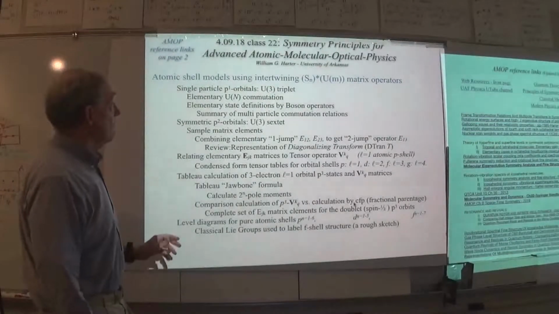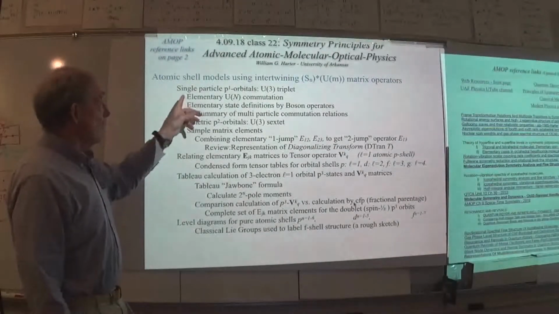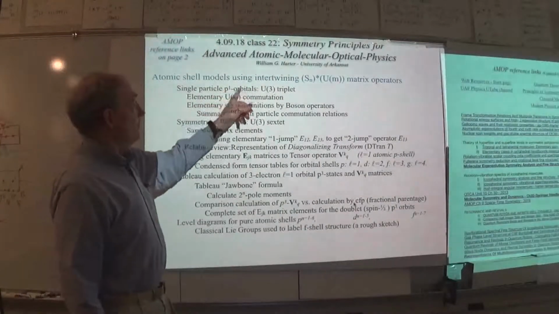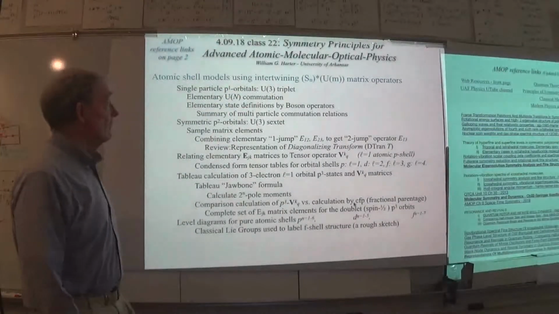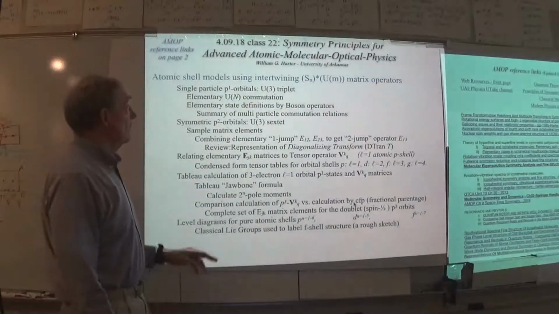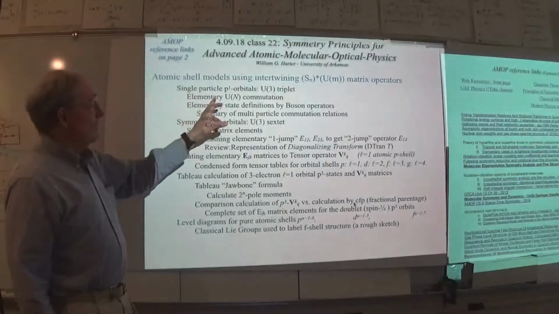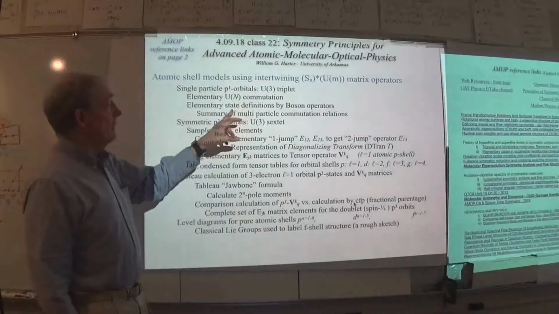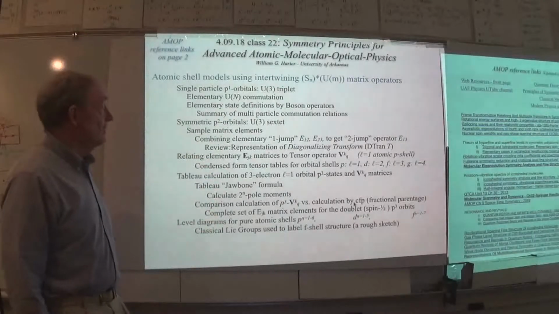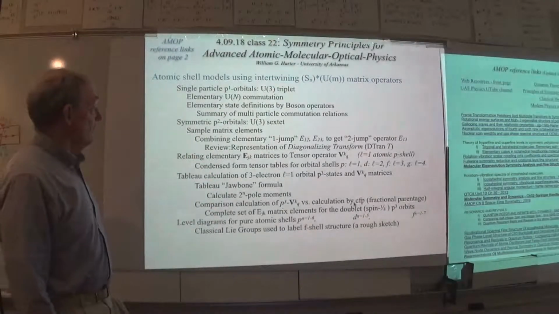couple of lectures. So I want to first of all go over just how U3 relates to the triplet of P orbitals, and the basic idea of the commutation relations and the elementary operators that help us do that.